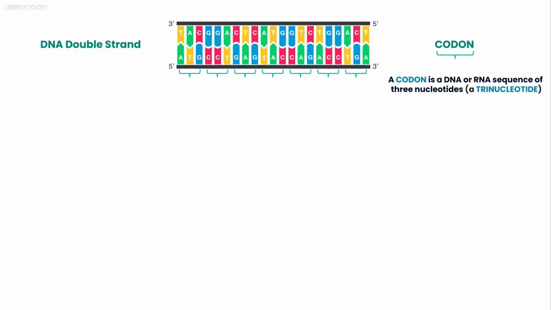Each combination of three consecutive nucleotides, that is one each of A, C, T or G, is called a codon or a trinucleotide. What you see on this slide is a double-stranded DNA unwound to a step-ladder model showing a part of the DNA strand. The bottom strand has codons ATG, CCT, GAG and so on.